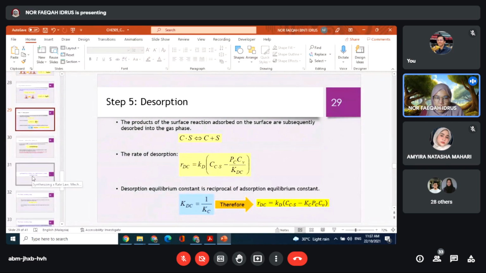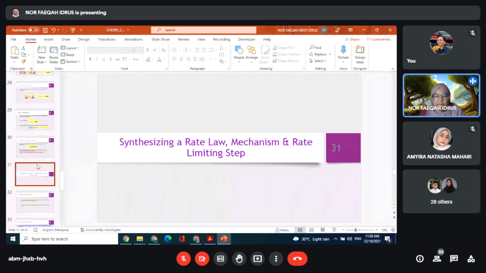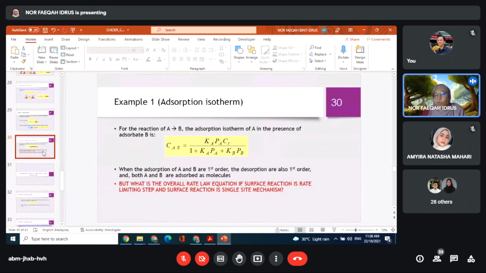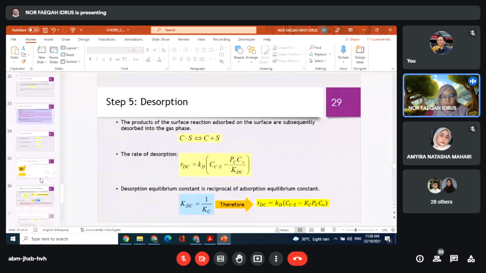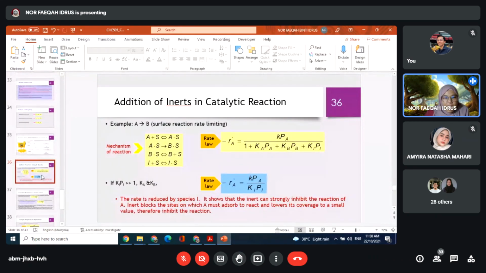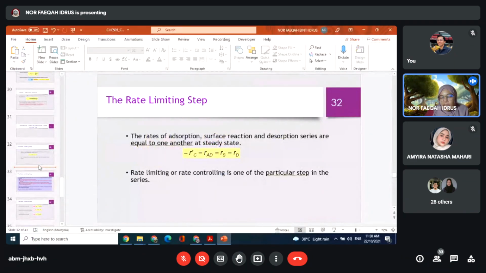So for next week, we will look at the synthesizing dengan rate limiting. In order to write the overall rate law equation, we need to know which step is the rate limiting, either it is adsorption step, surface reaction step, or desorption step. Kalau you tengok nota, ada berapa line je nota untuk rate limiting, tapi explanation dia tak cukup 2 jam sebab dia ada banyak case.